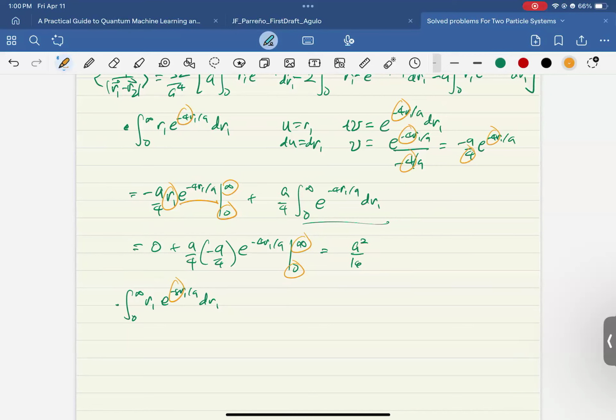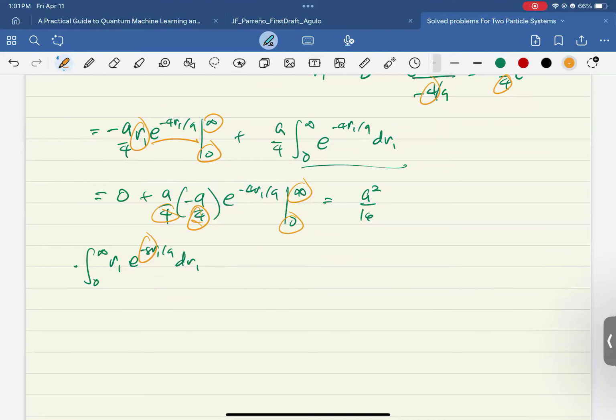Imbis na 4 dyan, magiging 8 yan. So we have a squared over 64. 8 times 8.